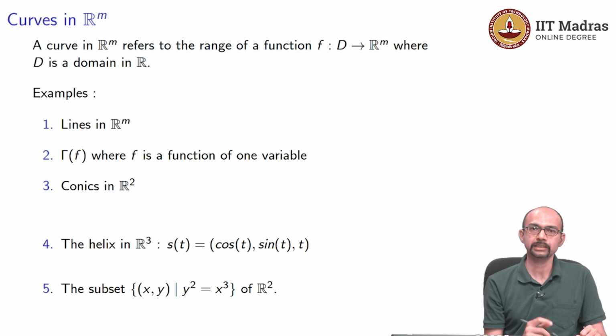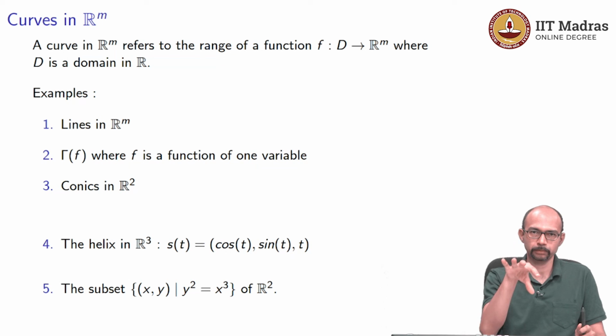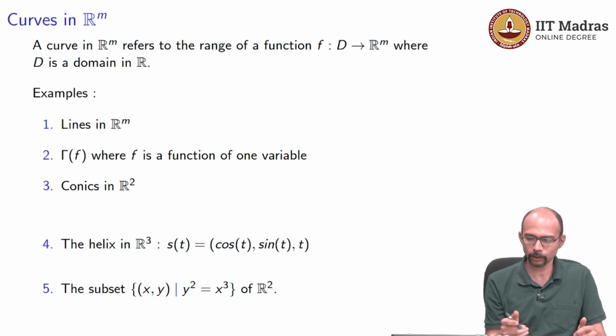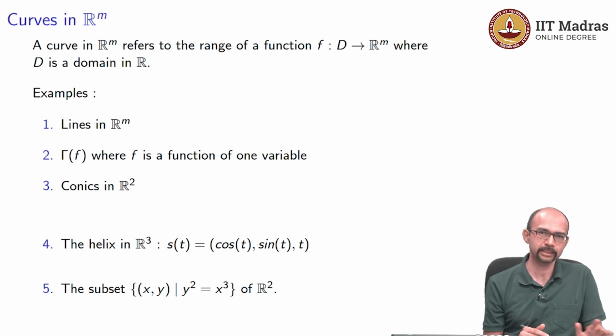So, this is like the slinky. We have this thing called a slinky, like a wire, and when you throw it, it kind of bounces from step to step, right. That is exactly how the helix looks. Okay. And finally, just for the sake of completeness, here is the subset of (x, y) such that y is equal to x cubed. So, this is a subset of R2, and I will encourage you to draw this subset and see how it looks.